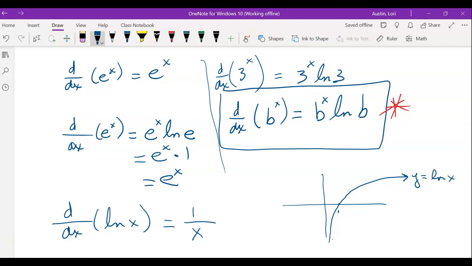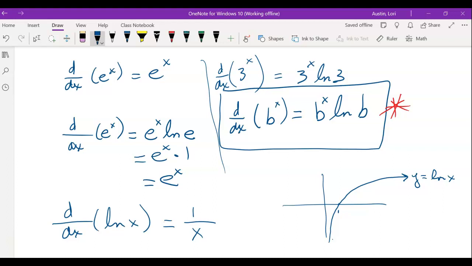So a couple things I want you to notice about the natural log graph. If we were to talk about the derivative function of that graph, remember, one of the things you want to pay attention to is the relationship between a function and its derivative function. So if you talk about any point on the natural log graph, what could you tell me about the slope in general?